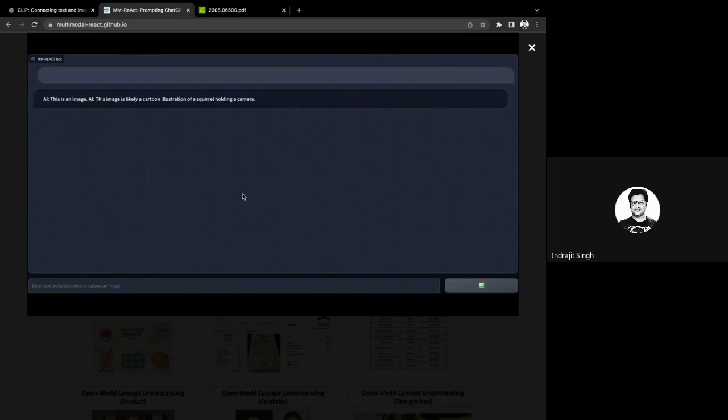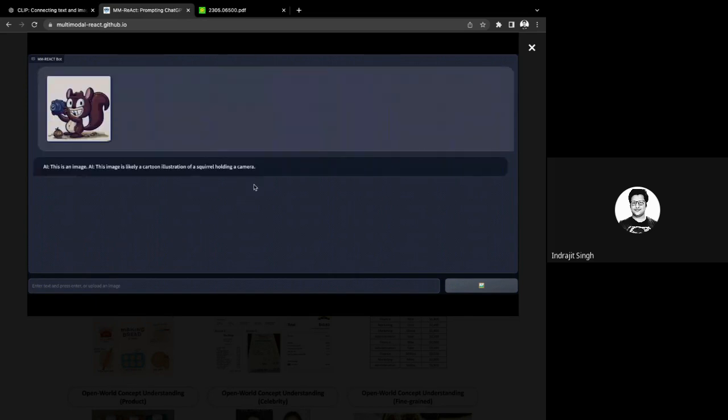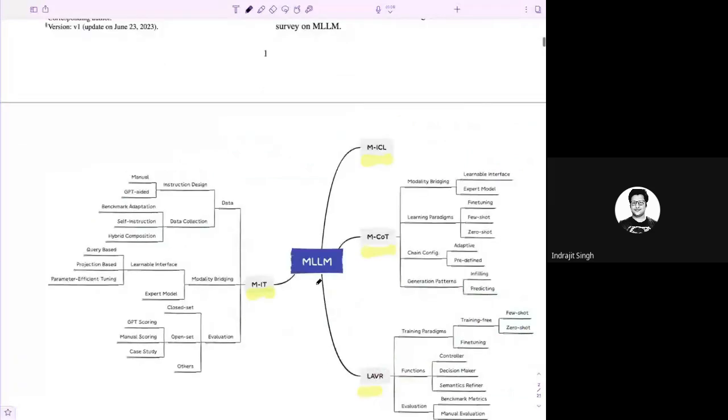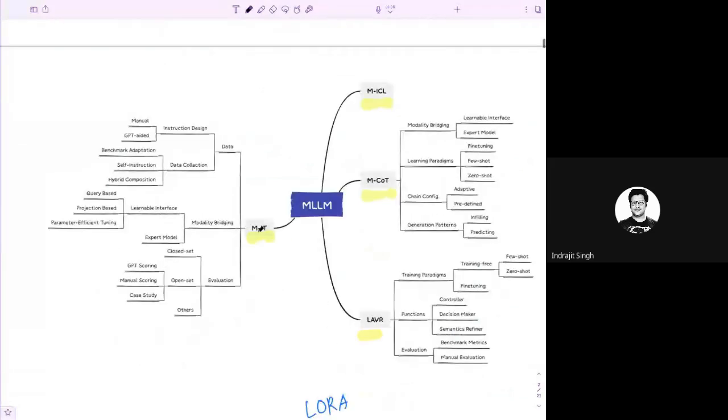So that's basically two different types of inputs that we are giving and using the LLMs. Now, before LLMs, we have these different techniques which we are going to talk about. That's why we came to this paper actually. If you see these multimodal language models, there are techniques like M-IT, M-ICL, M-CoT, and LAVR.